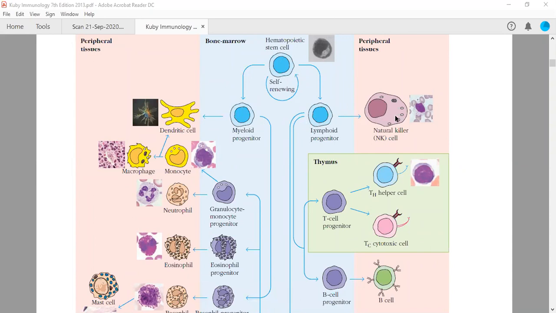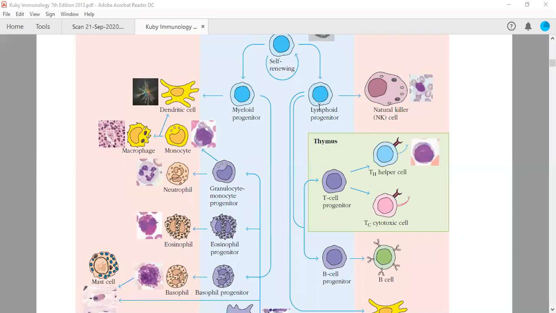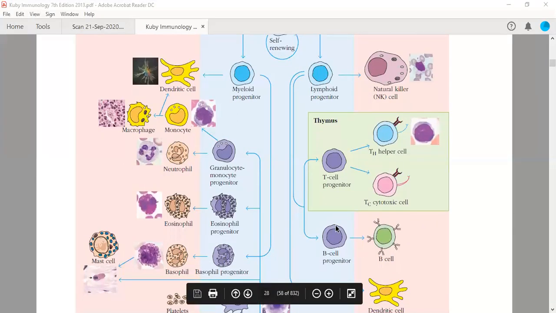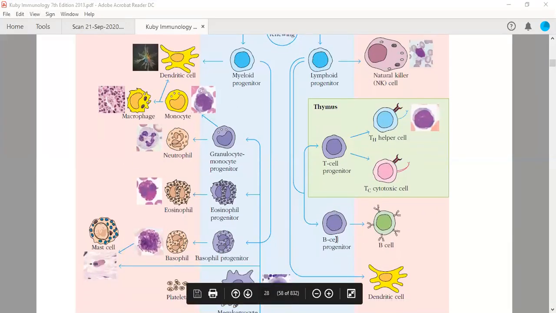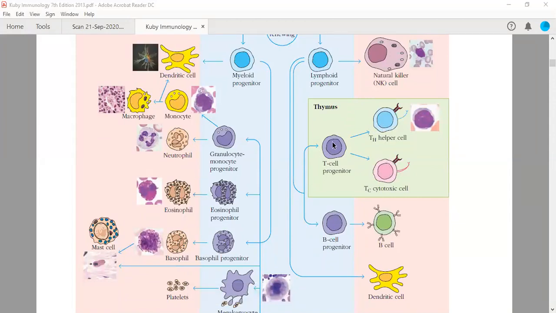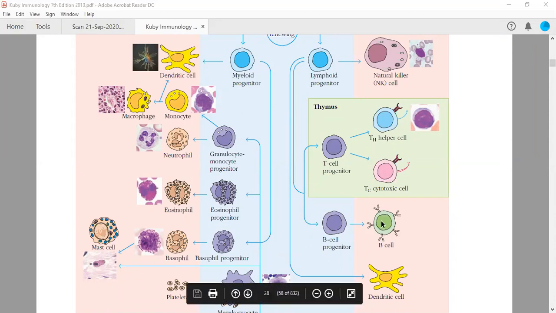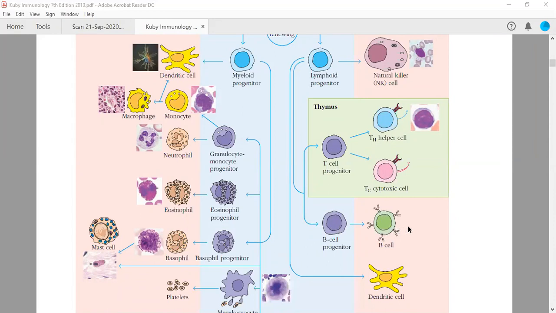Either they will convert into natural killer cells, or the lymphoid progenitor cell will give rise to the T and B cells, which will further differentiate into T helper cells and T cytotoxic cells. The B cell, called the naive B cell, will differentiate into a large plasma cell, which will secrete a large number of antibodies.